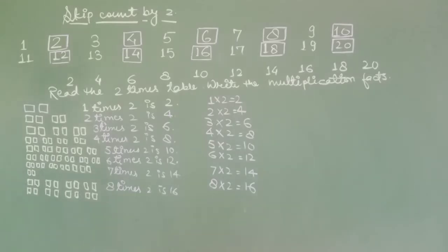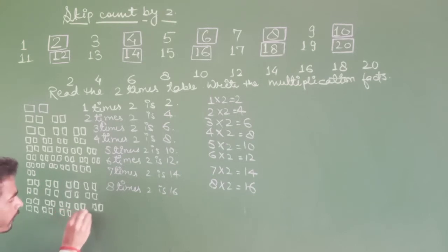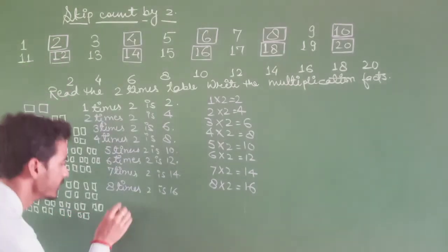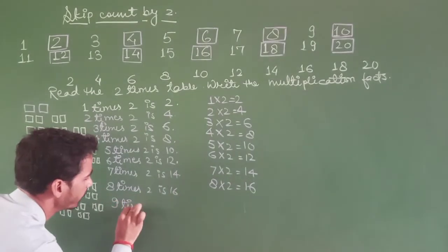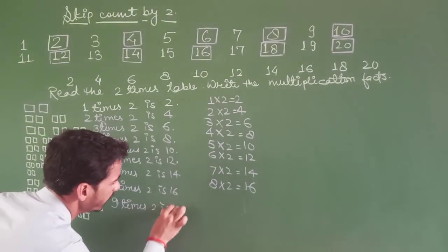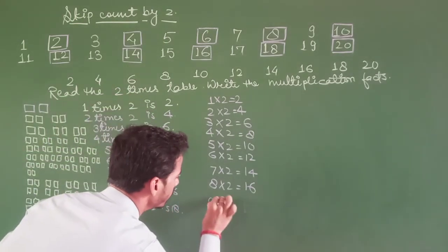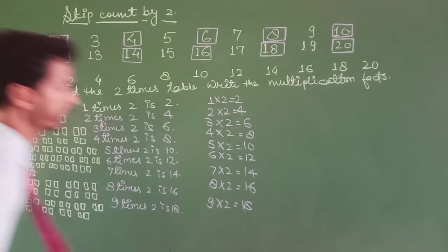And 9 times 2 is 18, and the multiplication fact will be 9 multiplied by 2 is equal to 18.